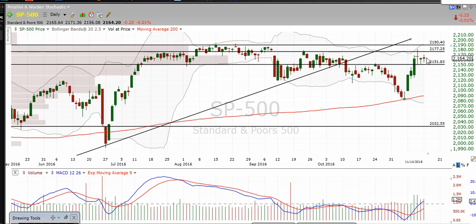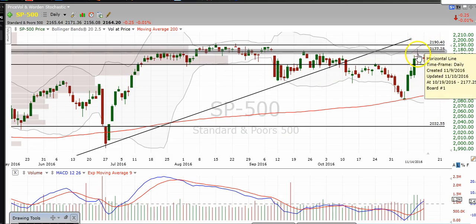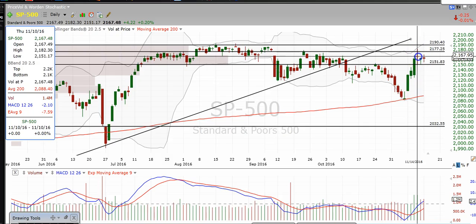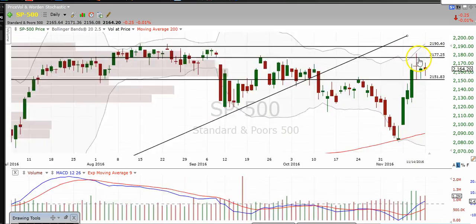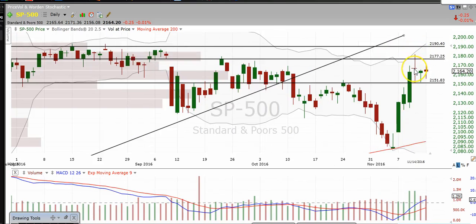If this is going to be a real breakout, you want to see another candle like this, okay? So if we get a gap up and a break over 2182.30, that was the high of this day right there, then we're going to break out very nicely. So that's what you want to look for.